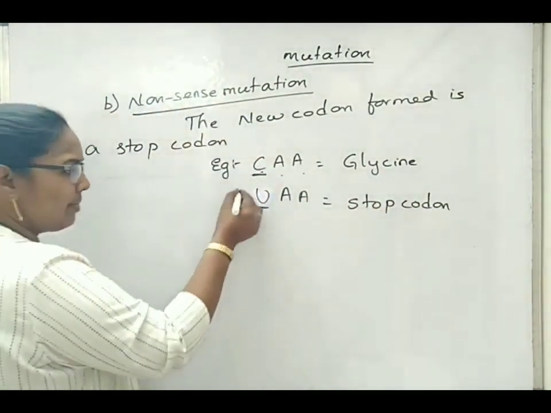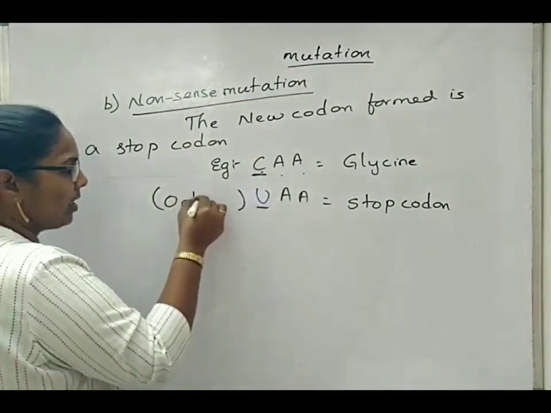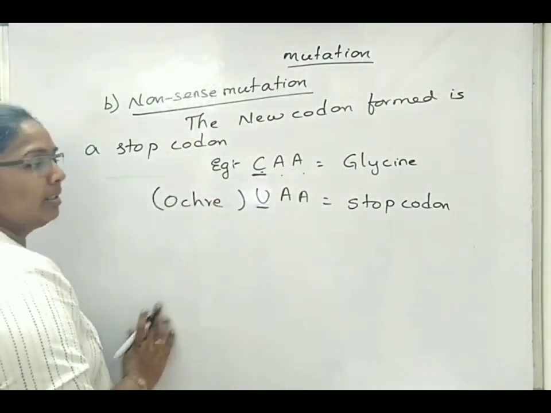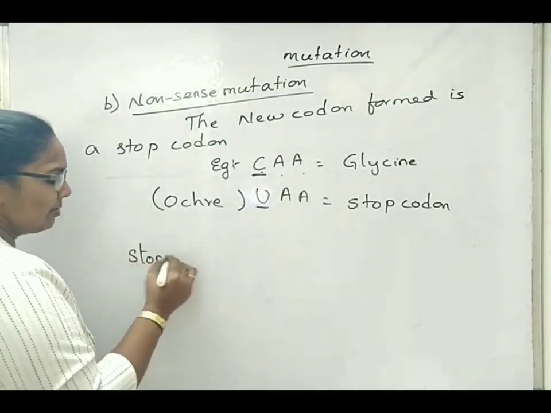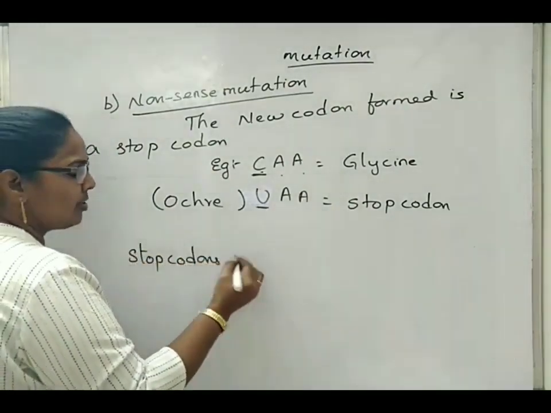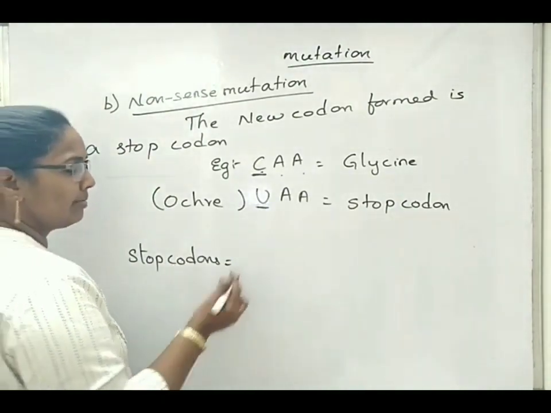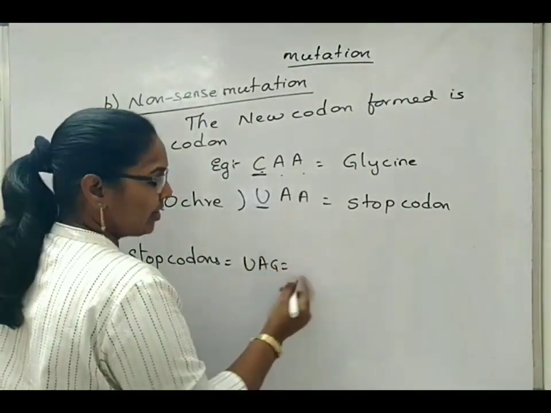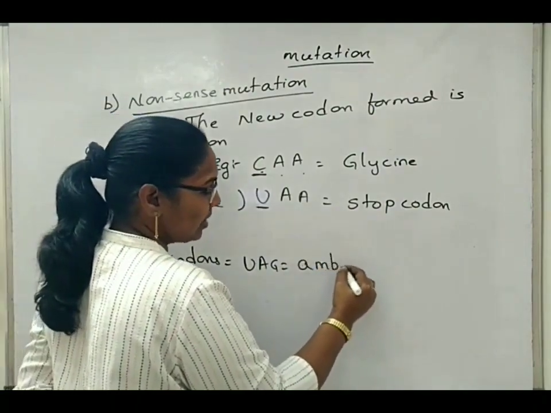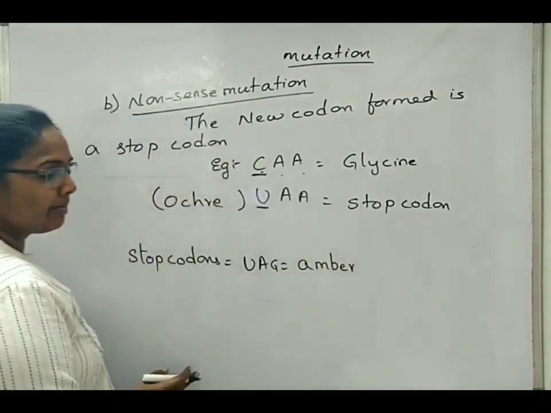Now, there is a name for this UAA type, that is ochre. Now, there are some other types of stop codons. So stop codons in the genetic code are 3 in number. One is UAA, another is UAG, which is also called amber.